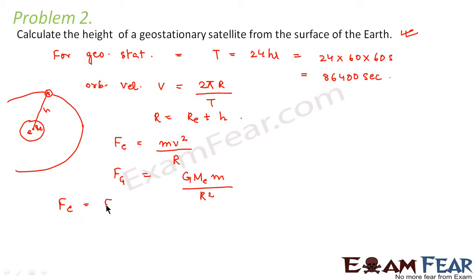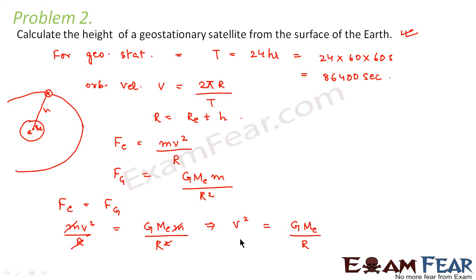That is, Fc should be equal to Fg. Therefore, we say mv square by r is equal to G Me into m divided by r square. Now, m and m will get cancelled, r and r square will get cancelled. So, from here we get v square is equal to G Me divided by r.